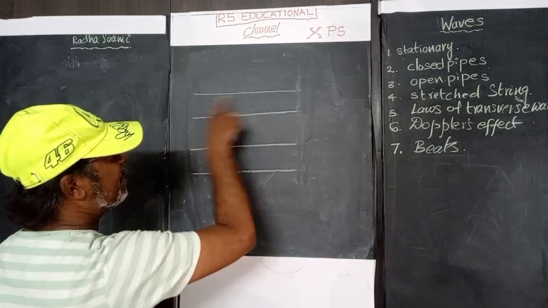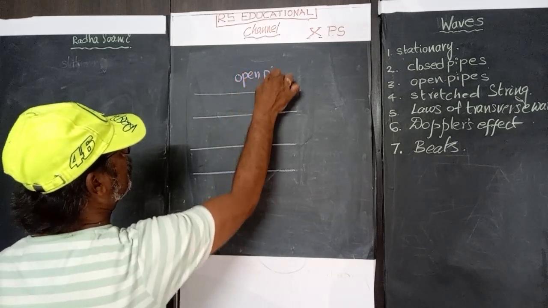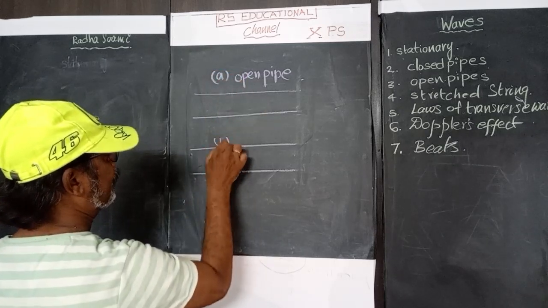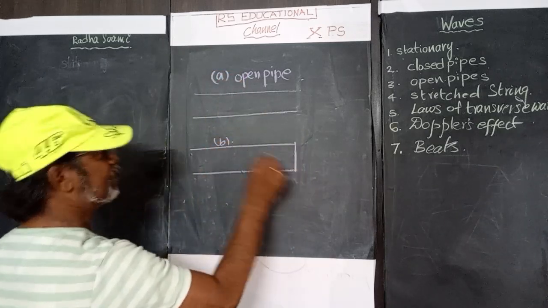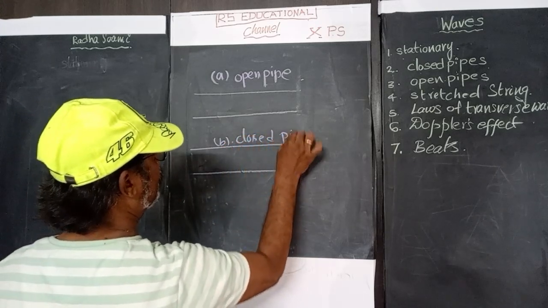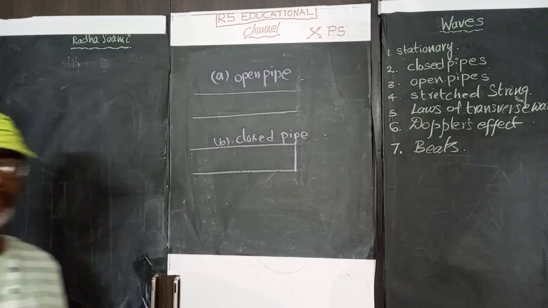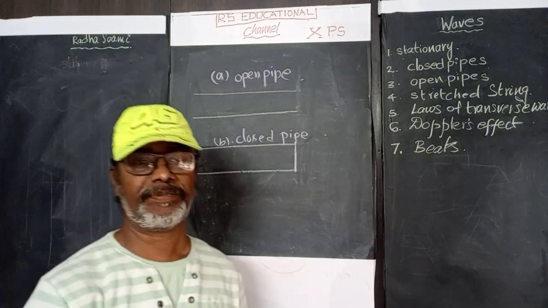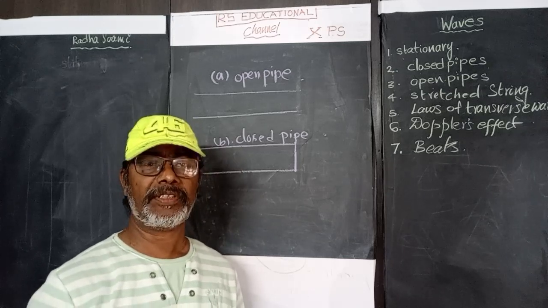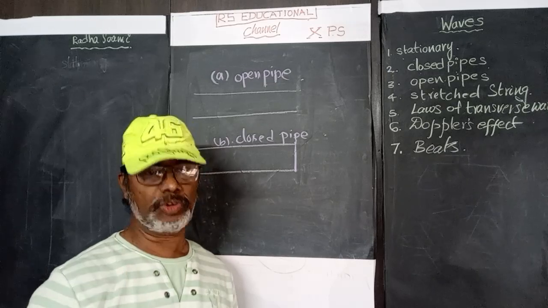Both ends open is an open pipe. One end closed is a closed pipe. If you close both ends, then we don't get a pipe. So we only deal with open pipes and closed pipes.